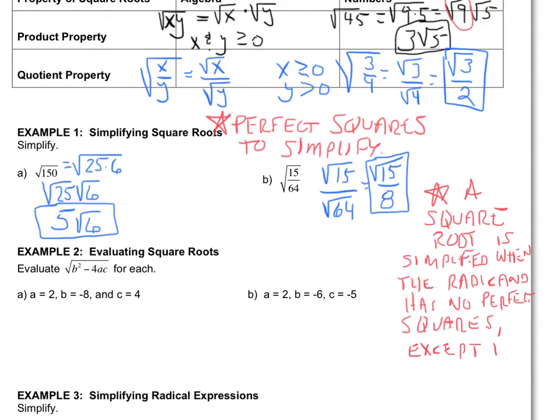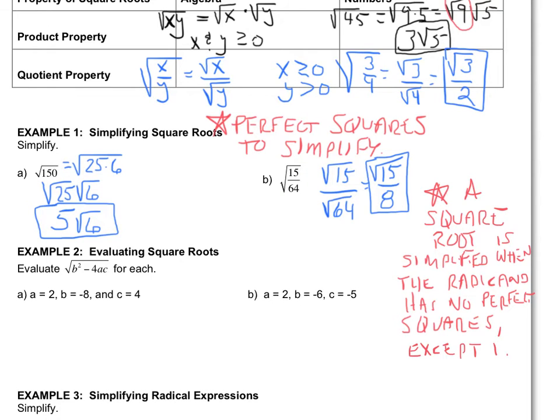Obviously 1 is a perfect square, and it will be in all of our numbers as a factor, but it wouldn't help us bring it down any further. So when we see that the radicand has no more perfect squares in it, then we can say that we are simplified.